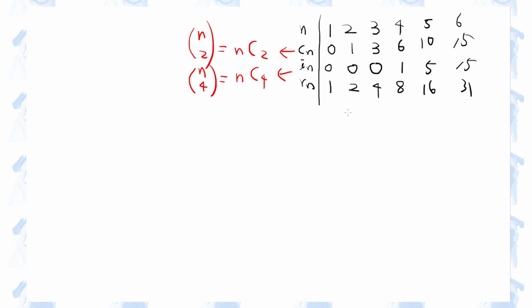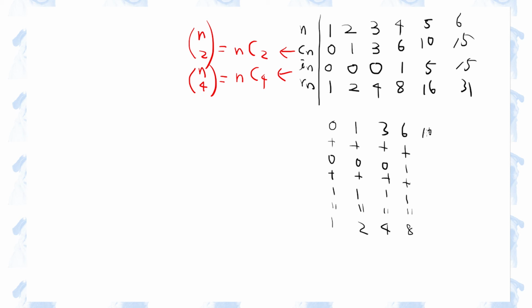And how about the number of regions? From this table, I hope you can see the pattern that exists between C, I, and R. Basically, 0 plus 0 plus 1 is 1. 1 plus 0 plus 1 is 2. 3 plus 0 plus 1 is 4. 6 plus 1 plus 1 is 8. 10 plus 5 plus 1 is 16. 15 plus 15 plus 1 is 31.